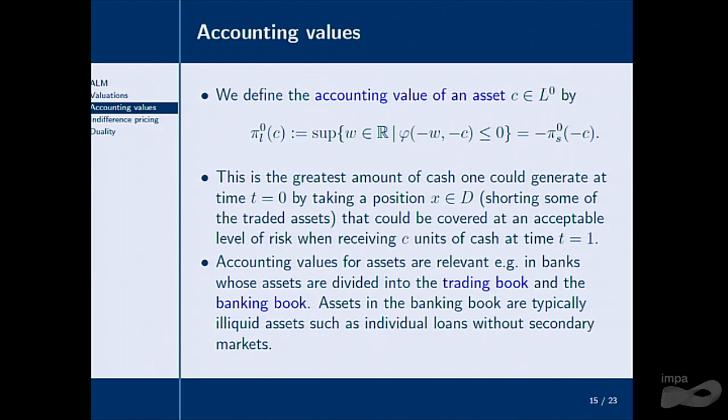You just flip these signs here and there, but you can express it as the negative of the accounting value of the negative of the claim. Just trivially flipping the signs, looking at the definition.